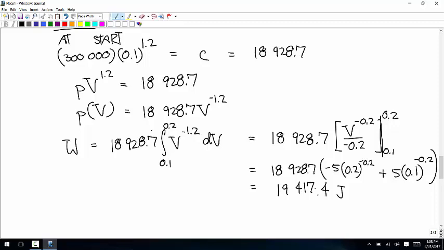Okay, so that quasi-equilibrium idea is how we're going to use relationships that we know about gases, so that we can figure out what the pressure is as a function of the volume.